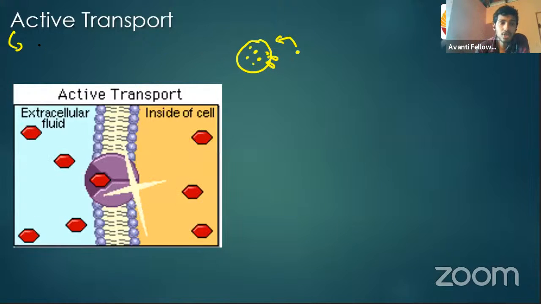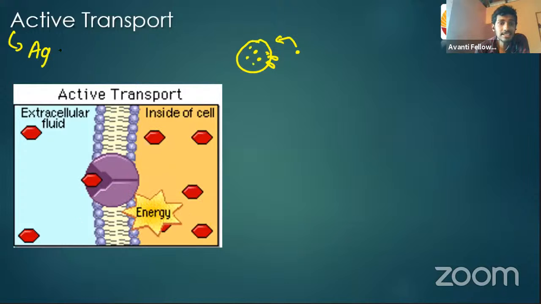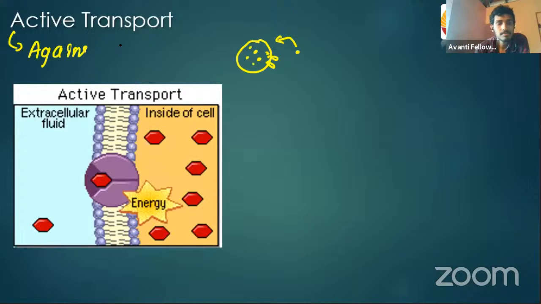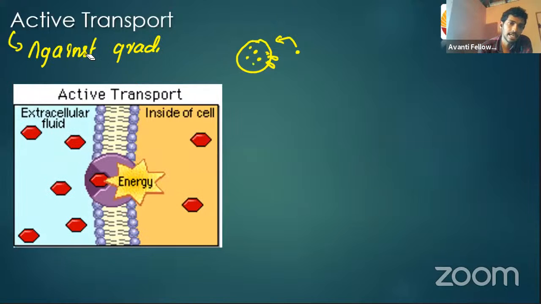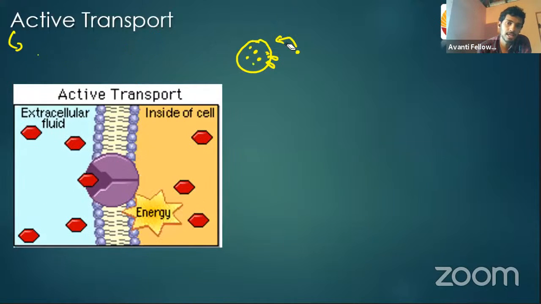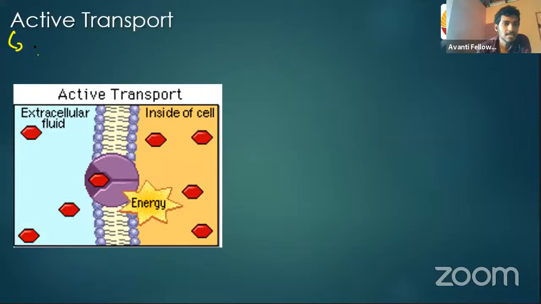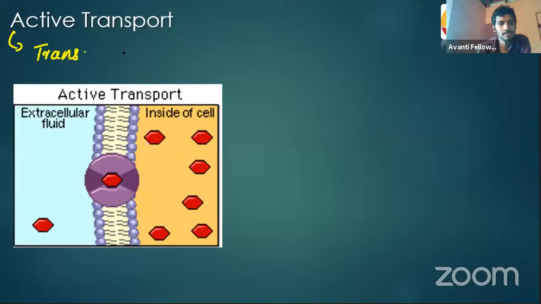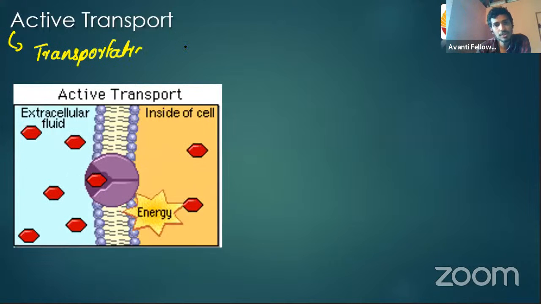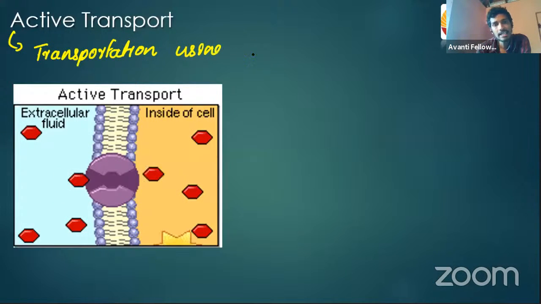So active transport is against the gradient. I will write down below what's the meaning of active transport. Transportation using energy, you can call it active transport.